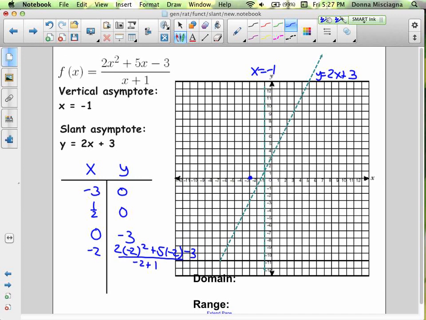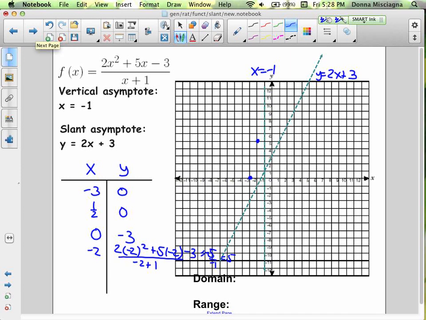That's going to give us -2 squared is 4. 4 times 2 is 8. 8 minus 10 is going to be -2. -2 minus 3 is -5. And then -2 plus 1 is -1. So that is 5. So we have the point -2, 5.